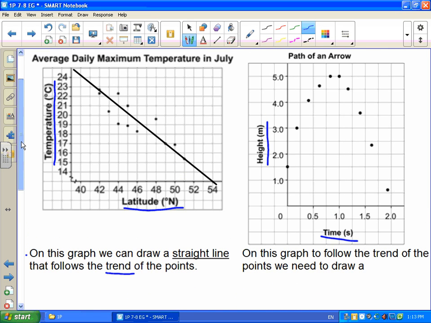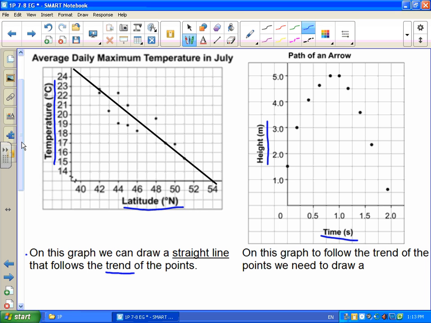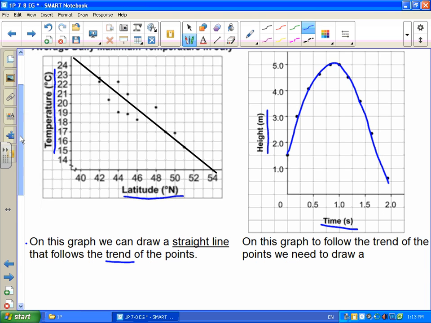Now let's go over to the graph on the right here, where we're looking at the path of the arrow. Well, if we want to draw a line that's going to follow the trend of these points, we can't draw a straight line. We have to draw a line that curves up and then comes back down like this. And this time it's actually possible to draw a curved line that goes through all of the points.